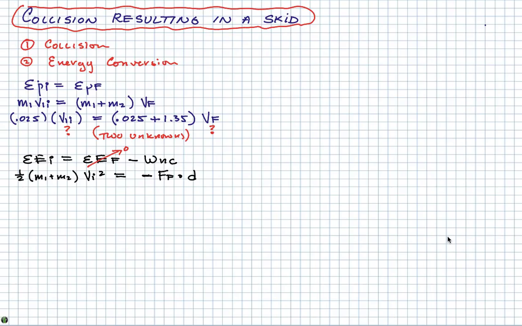So what do we do? I guess the next step would be 1/2 (M1 plus M2) V squared is equal to negative mu mg times d. I'm inserting the negative right there because that product of mu mg will end up being a negative number.